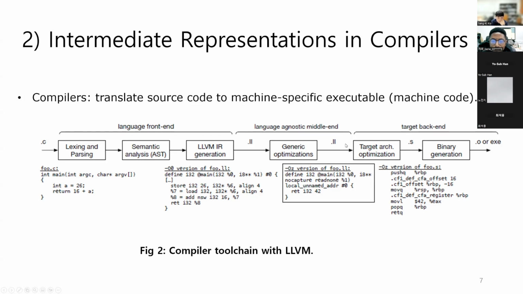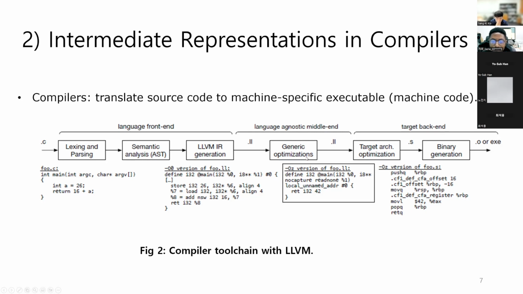After optimization, the next optimization is also expected, the target architecture optimization. Finally, the output program, which we call the object program or binary code, or we can say the executable, will be yielded.